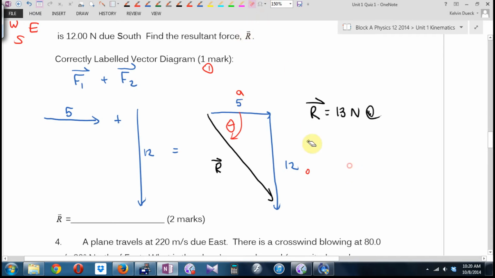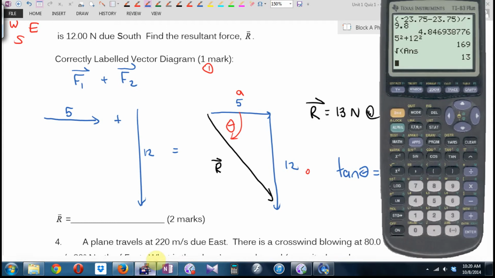Let's go. Come on, pen. Tan theta equals opposite over adjacent. And I get 67.4.